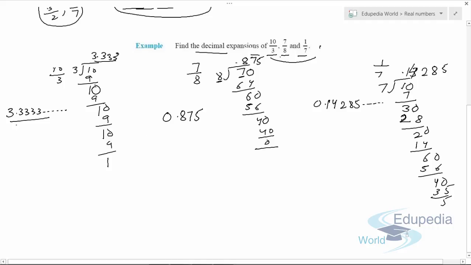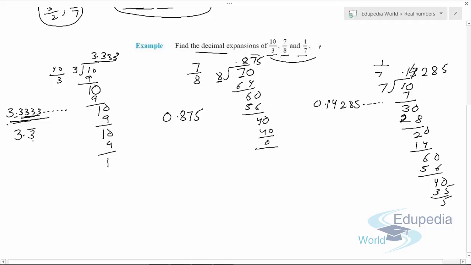Okay, now the main part is now. So listen carefully. In this example, we have the number 10 upon 3, and when we divide this number, we get the decimal number 3.3333. But in this number, we can see that after the decimal point we have a pattern, like 3 is repeating each and every time. So this number can be written like this, 3.3 bar.